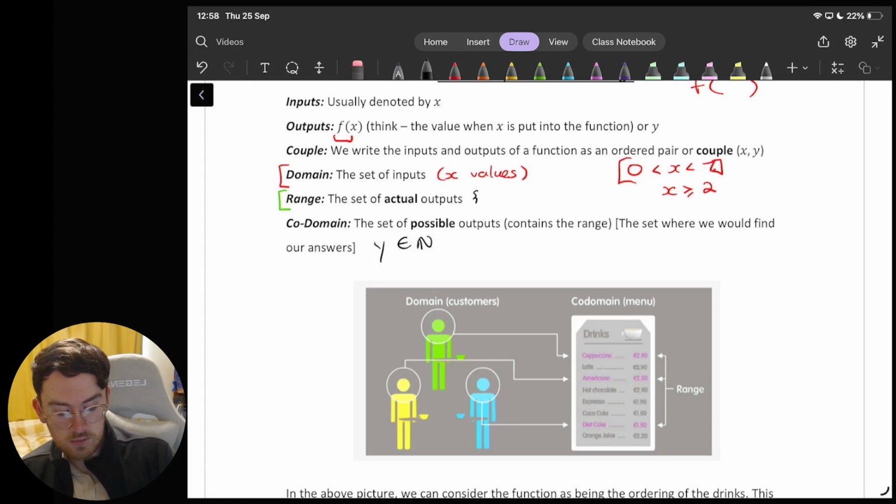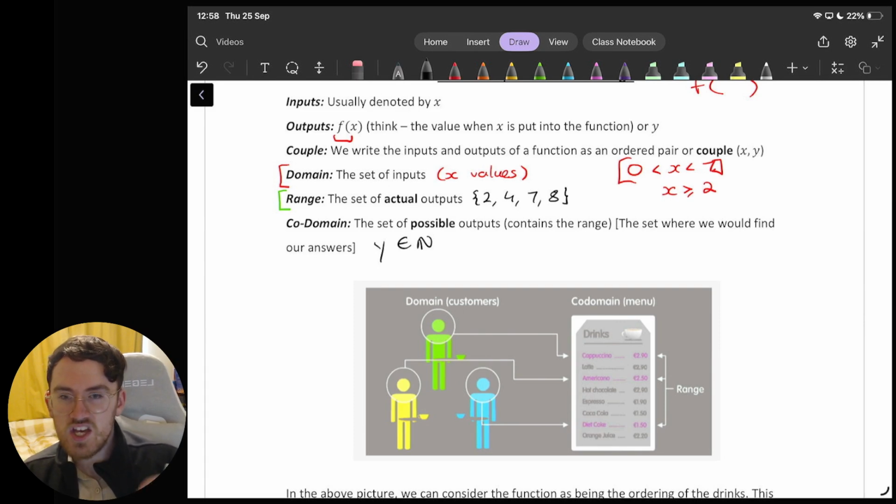The actual outputs might just be 2, 4, 7, and 8. So the codomain is the set of possible outputs. There is potential for me to have any natural number based off this function, but that depends on what I put into the function. And once I know what I've put in, I will be able to work out exactly what the outputs are, and that's the range of the function.